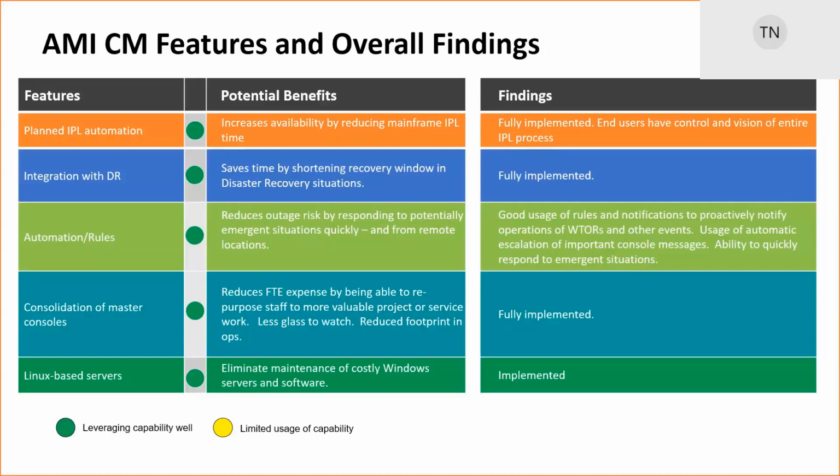The benefit of that is it increases availability by reducing mainframe IPL time. Our findings: they've implemented it, they've done a great job, and the end users have control and vision of the entire IPL process. And this list goes on and on, integration with ER, automation rules. You see a lot of green lights here. That's good. Green dots, I should say.